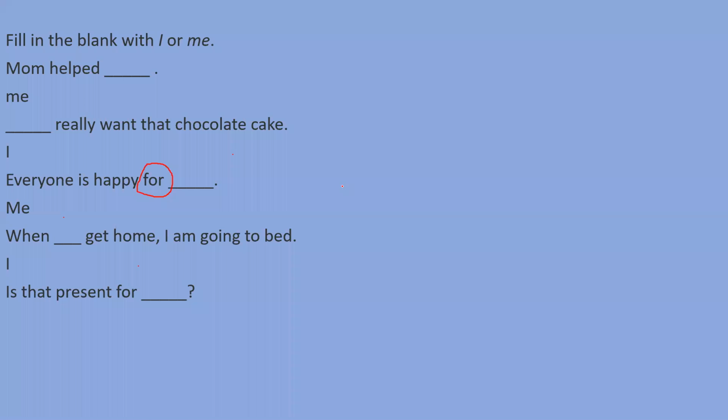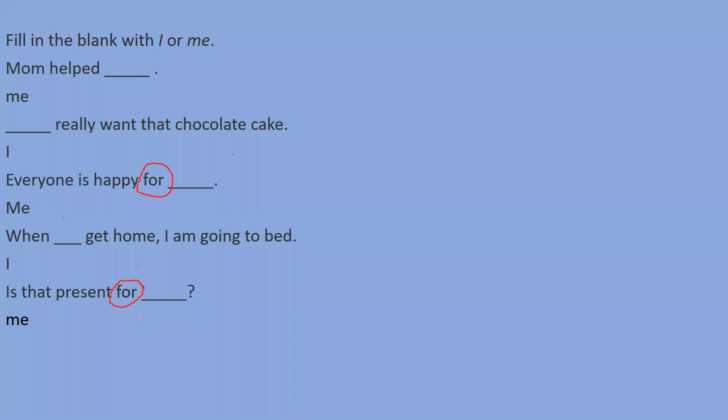Me or I? I think she's saying me. Okay, yes, right answer. So me will come. The reason me is coming here is that for is a preposition, and after the preposition we have to write the pronoun in the objective case. That's why me will come here, right? So I think everything is clear regarding I and me.